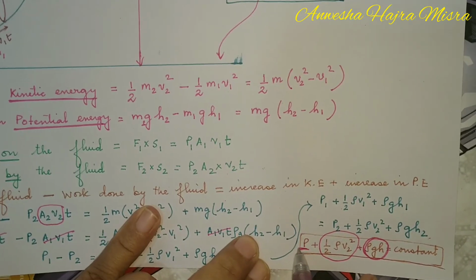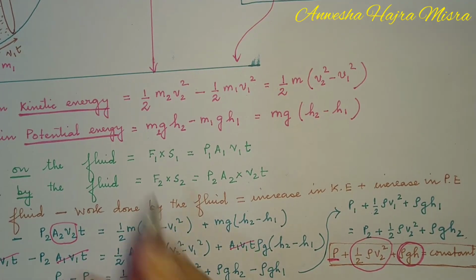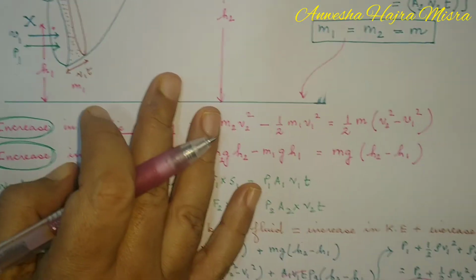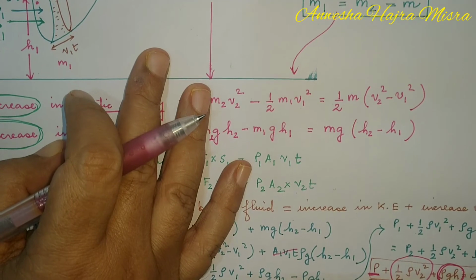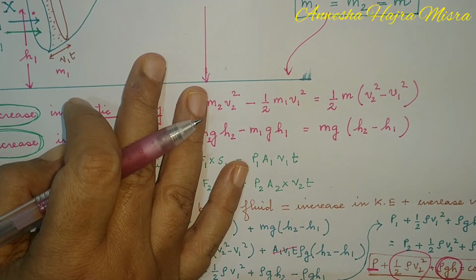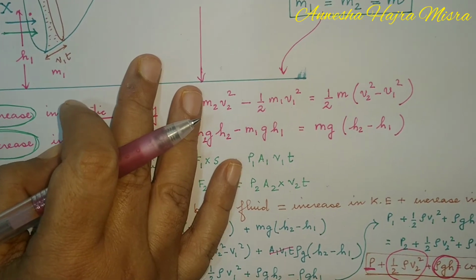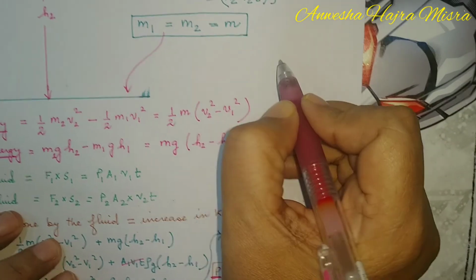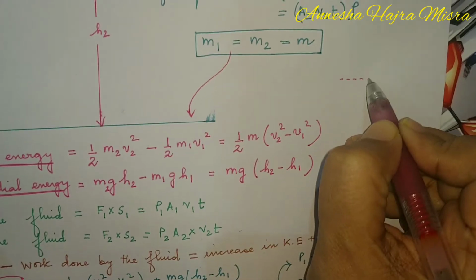Now, I don't know this term P. What is this P? P is known as pressure energy per unit volume. Now, what is that? See, for example, children, you have a liquid.